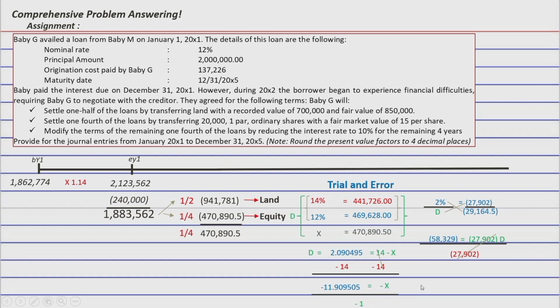And we will have x is equivalent to 11.909505% or 11.91%. And that's the effective rate that we are looking for. Or if it's not, then I'm sure that this number is very near to the correct rate.